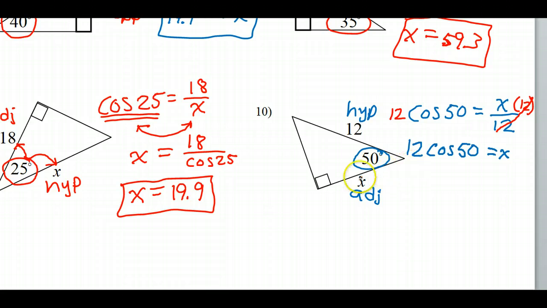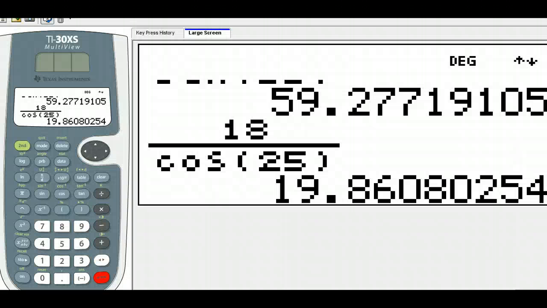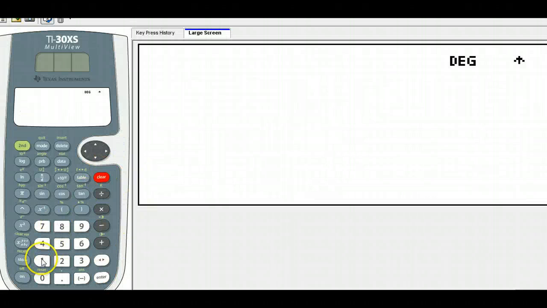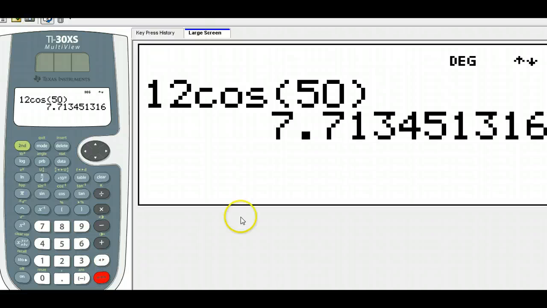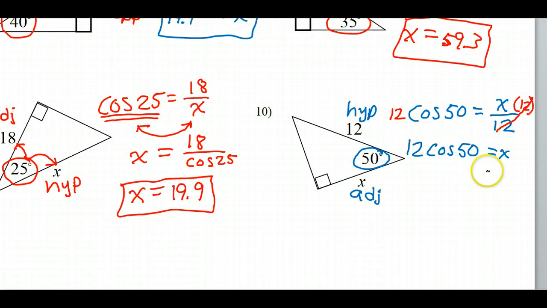Again, I can just put this in my calculator, and we get 7.7. So x equals 7.7.